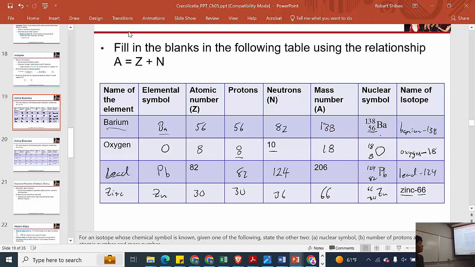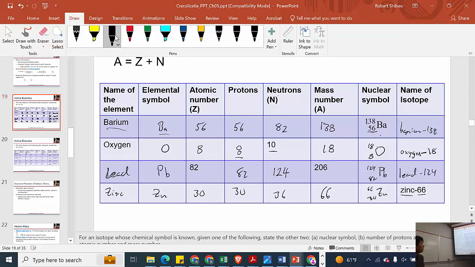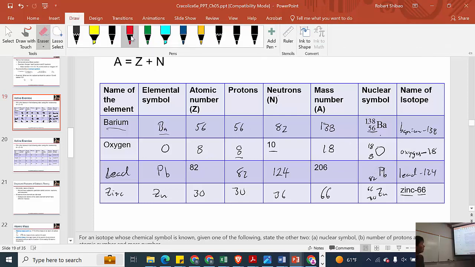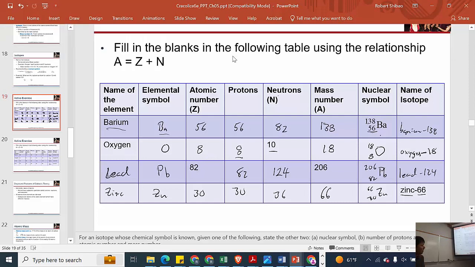Oh yeah, the lead is 206. That's correct. Thanks. Let me fix that here. It's the atomic number, not the number of neutrons that we have. We can figure out the number of neutrons just by subtracting these two numbers. It'll give us the number of neutrons.